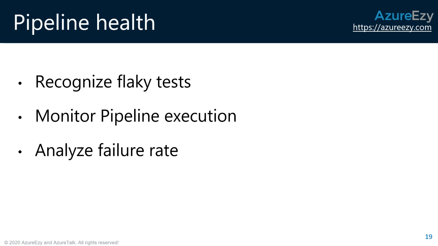The next thing is to analyze failure rate. We have already discussed monitoring the pipeline. Monitoring the pipeline will give you data where you can see the things which are happening. The good thing about Azure Pipelines, from a tooling point of view, is that it exposes a lot of data and gives further integration with Power BI, which is one of the analytics solutions from Microsoft.